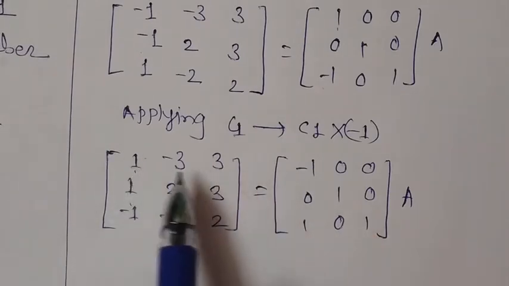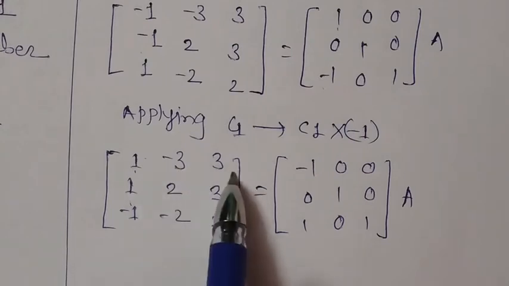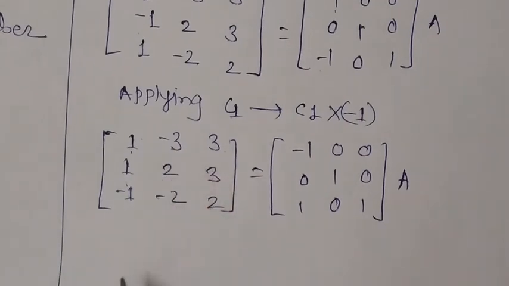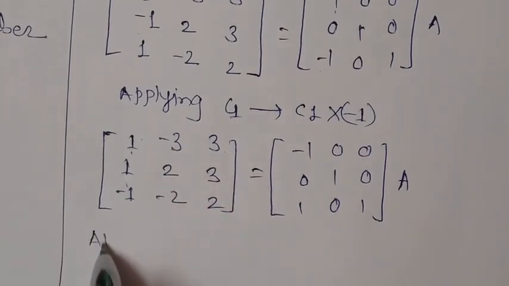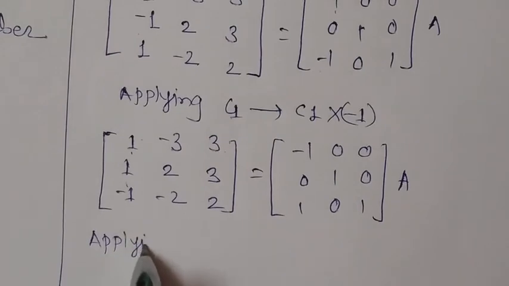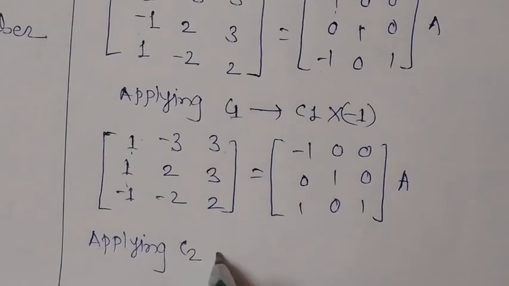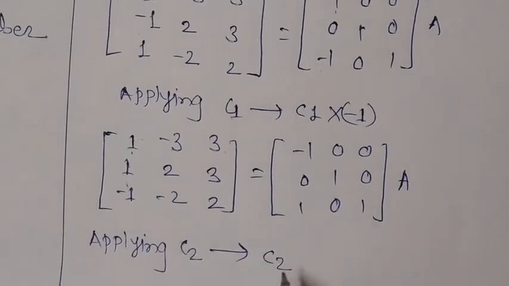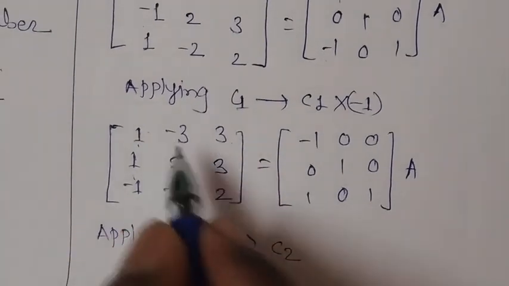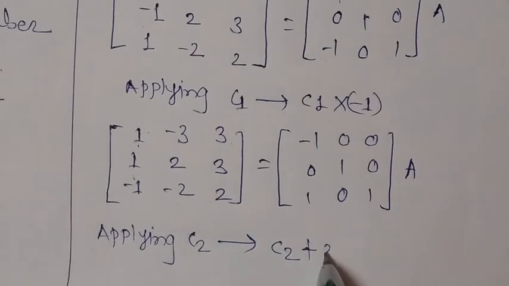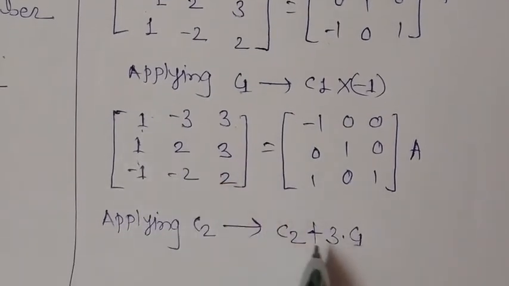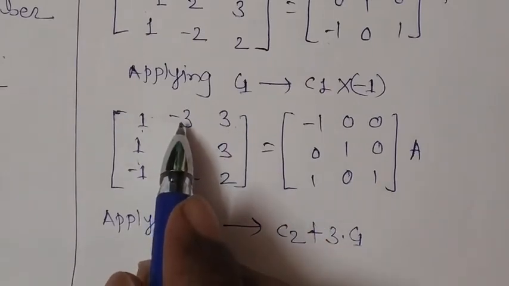Now we want to convert this to 0 and this to 0. Using the steps we defined, for C2 we do C2 minus minus 3, that is C2 plus 3 times C1, because we want to subtract by the same number; minus of minus 3 is plus 3.